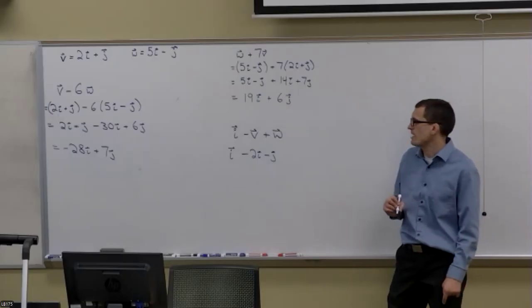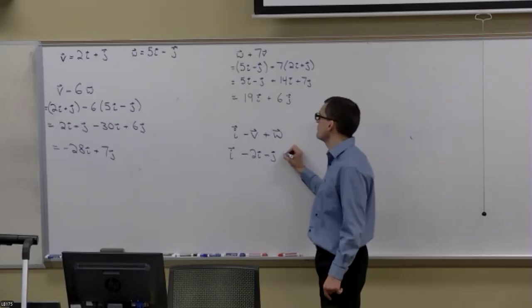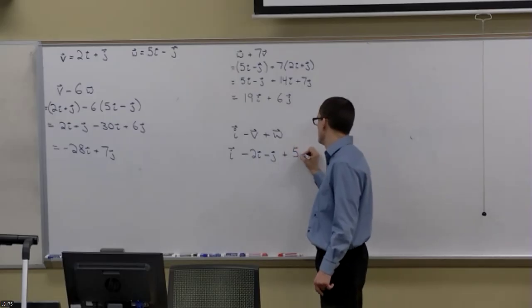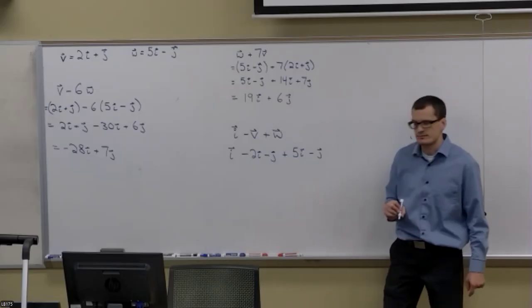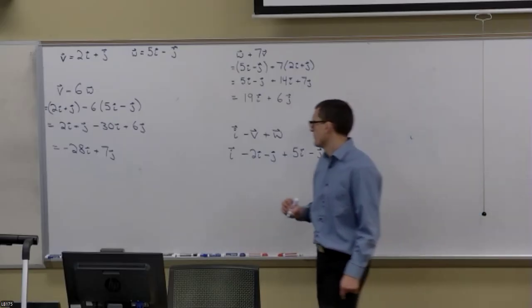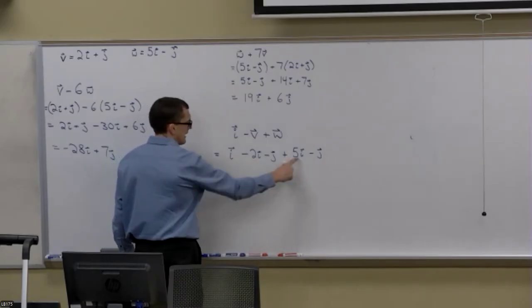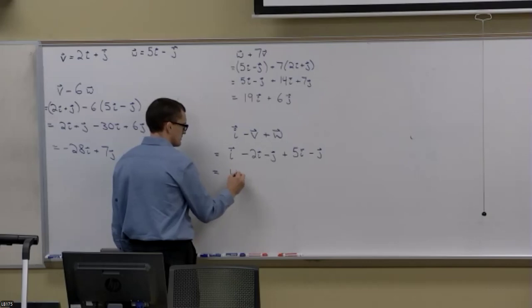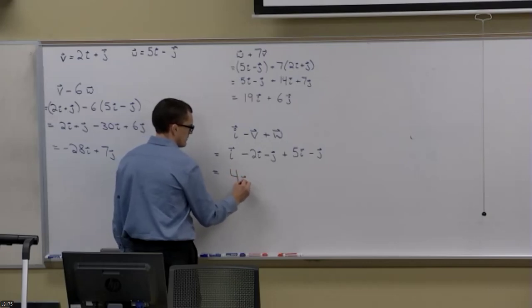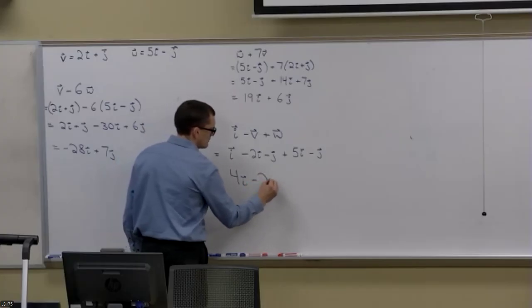So minus V is minus 2I minus J. And then plus W. W is 5I minus J. Combining like terms, the I's together, that's going to be 4I minus 2J.